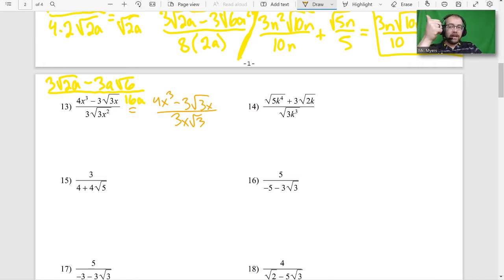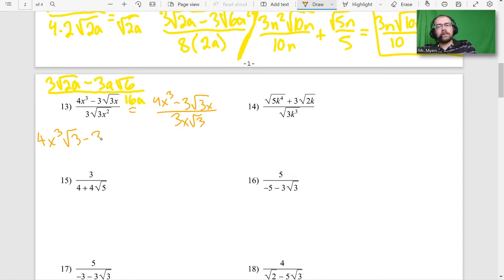So the first thing is 4x cubed. The second thing is 3 root 3x. And the third thing is 3x root 3. It's on the denominator. If I multiply everything by the square root of 3, I get 4x cubed root 3 minus. Now if I multiply this by the square root of 3, then I get the square root of 9, which is 3.